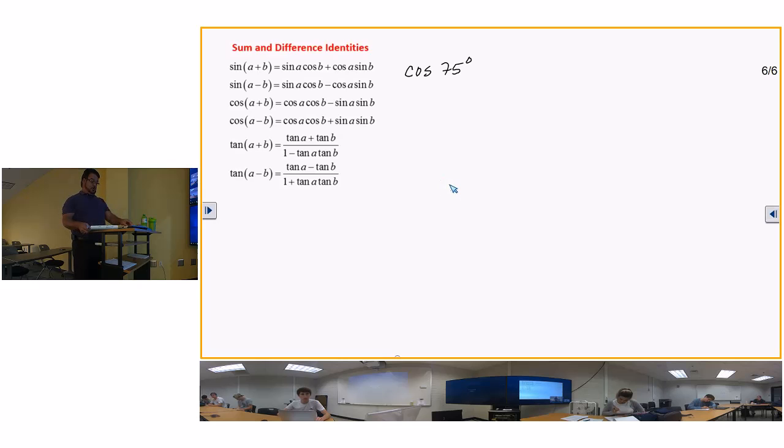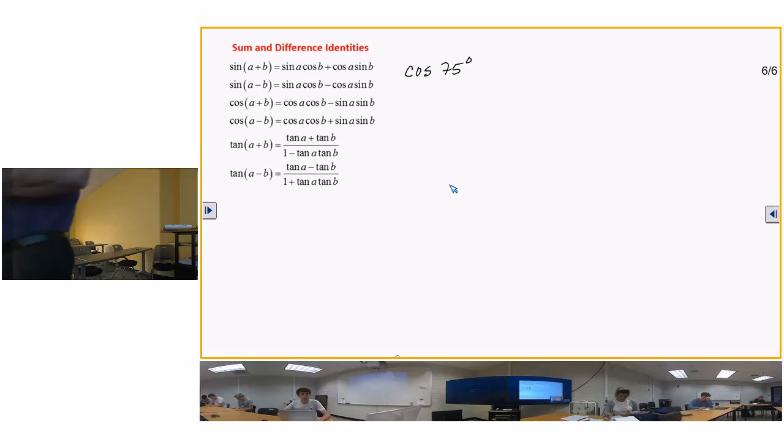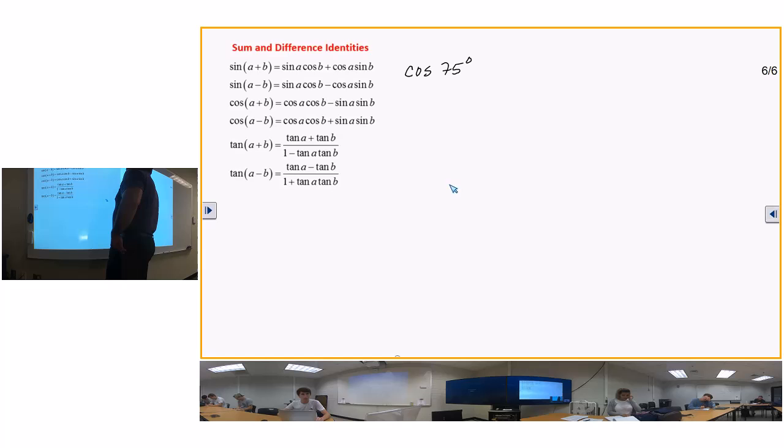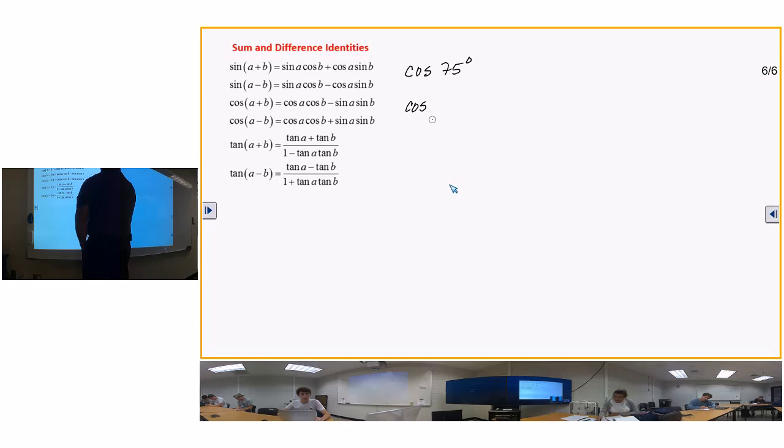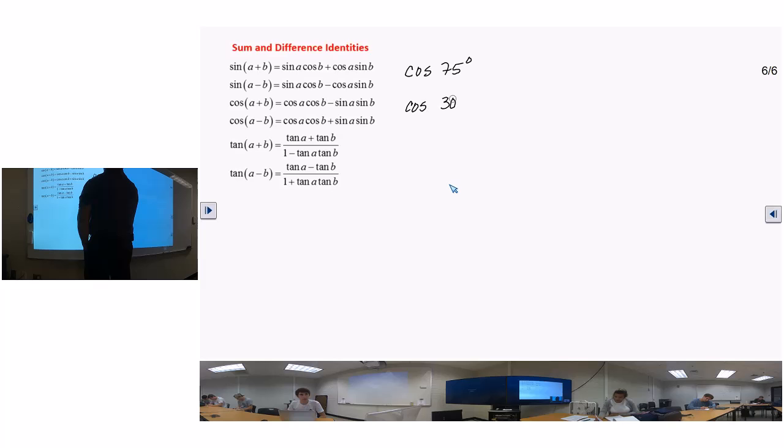Now, you could try to do this with subtraction, but I would automatically think of addition. What is 75 as far as addition? And you're thinking in terms of the special angles. Cosine of what? 30 plus what?